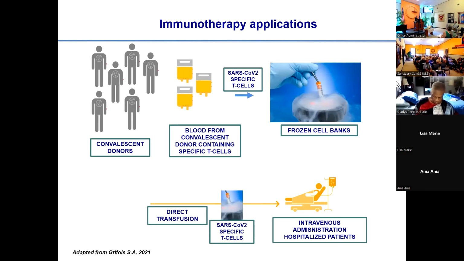If you have those frozen cell banks in the hospitals, when someone in critical care doesn't have an immune response, or it is not working as fast as it should, you can transfuse those cells, which are specific against coronavirus, through intravenous administration to the hospitalized patient, and actually transfer the immunity from a person who already has immunity to a person who doesn't, who can then fight the virus with the donor's immunity.